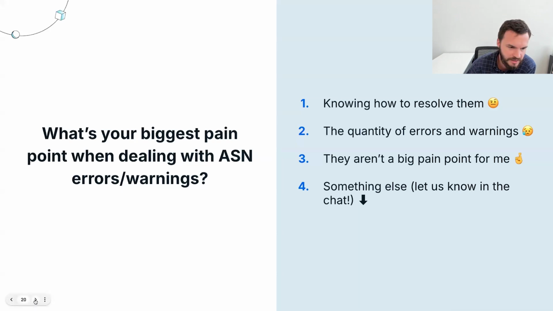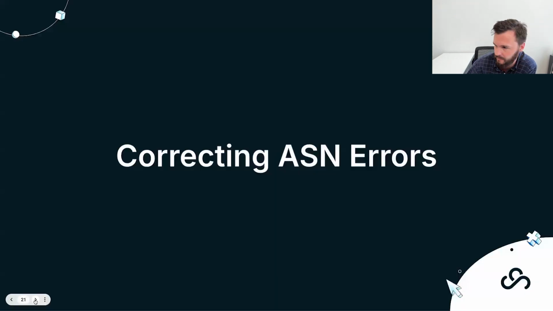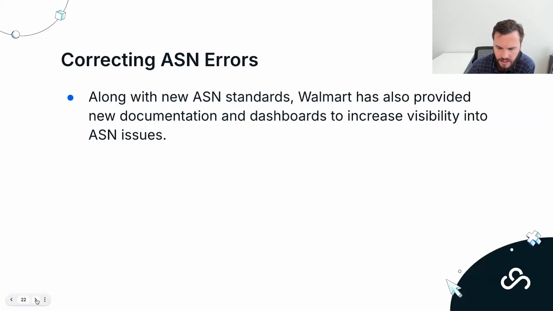All right, but that is an issue, knowing how to resolve them, correcting ASN errors. That is the overwhelming pain point for us. So that's what we're going to try to go through now. And I want to shout out as well that this process is a lot more detailed and specific to individual processes.